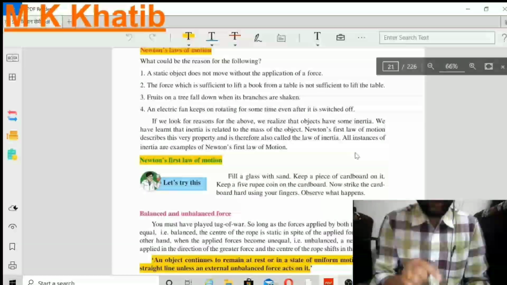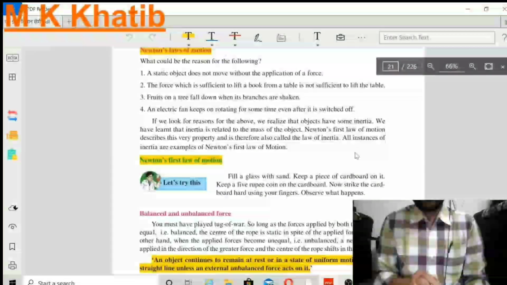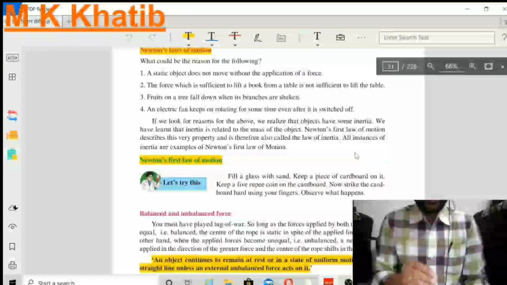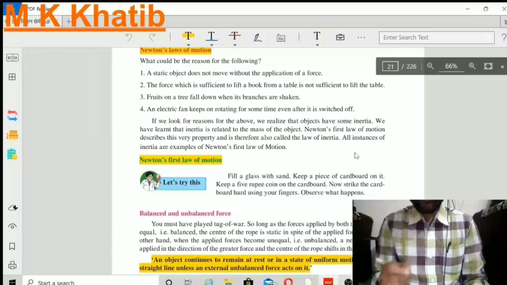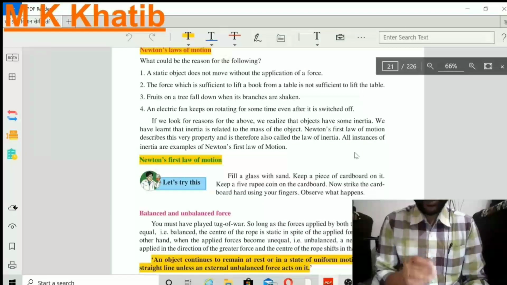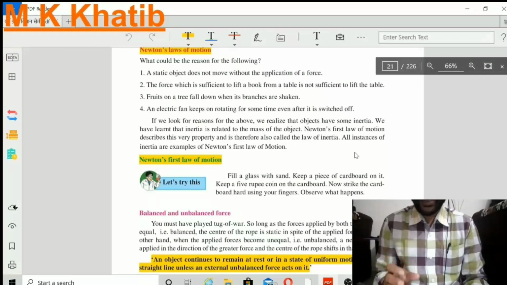The coin drops into the glass. It means when we strike the cardboard, it comes into motion and the coin does not come into motion. So the coin falls down into the glass, meaning the coin has its original property of inertia, due to which it falls down in the glass.